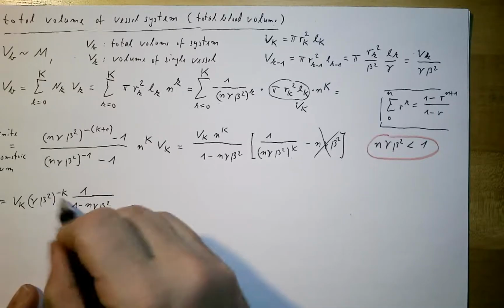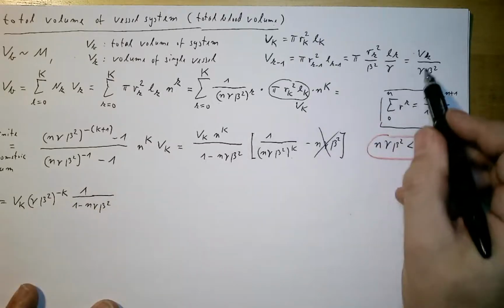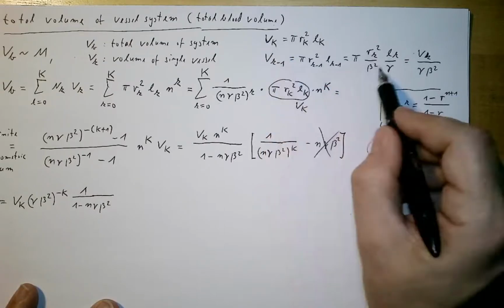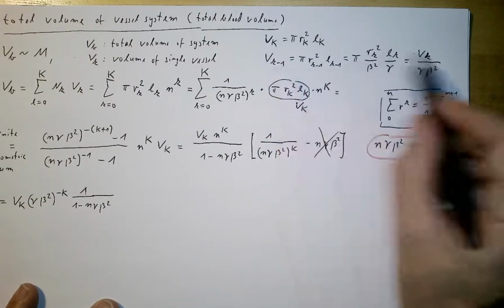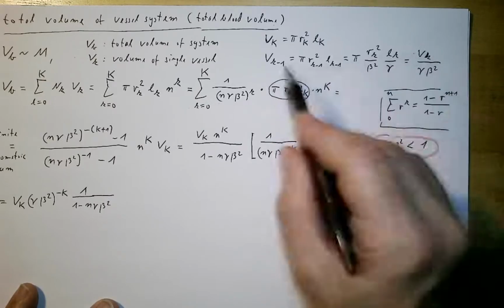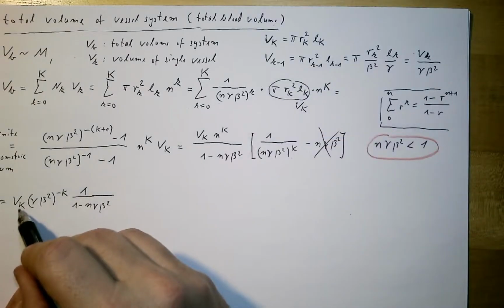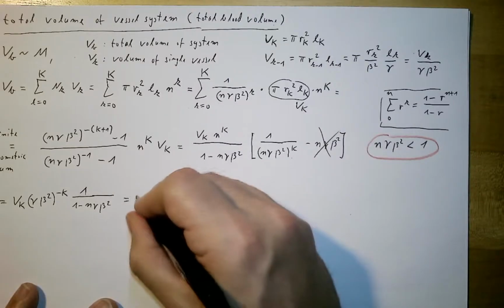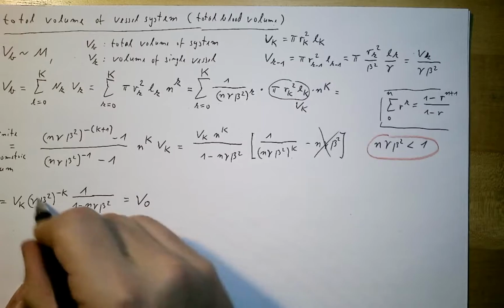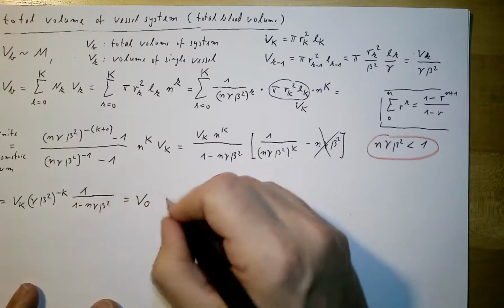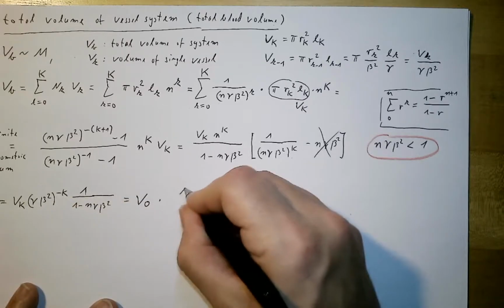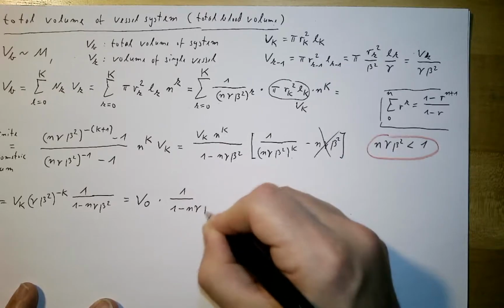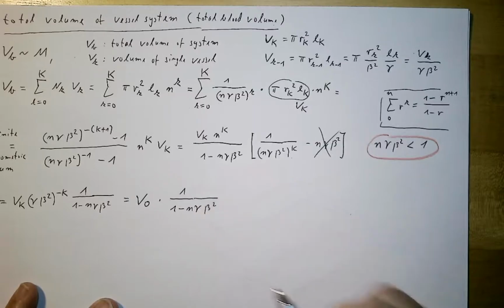And this here, what we had for the volume of the capillary, that was the transition from volumes to different levels. If we revert this to the volume of the aorta, then we see this is the volume of the aorta, this factor here, times 1 over 1 minus n gamma beta squared.